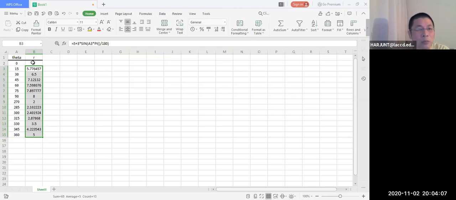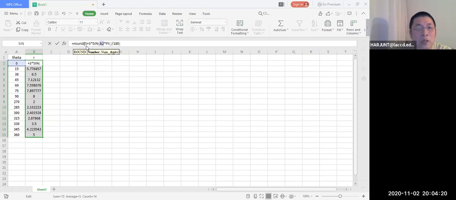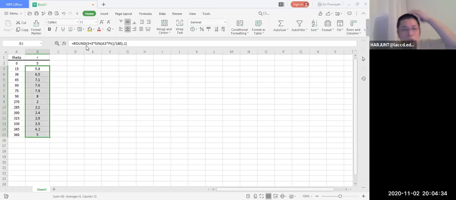Round it to 2 decimal places, or actually only 1 is necessary. Round to 1 decimal place. So if you really know how to use Excel, this can be quite useful.